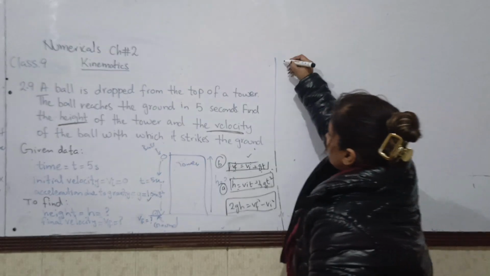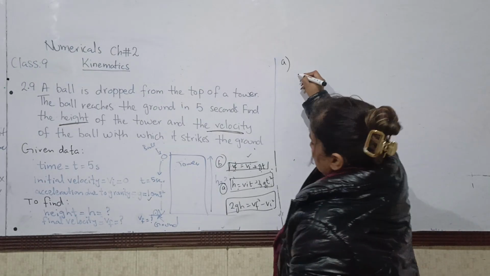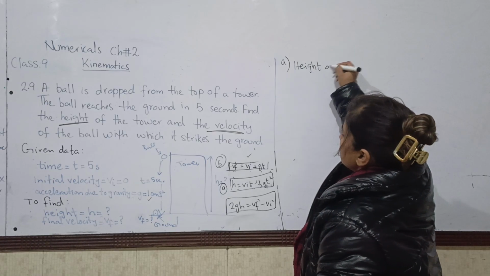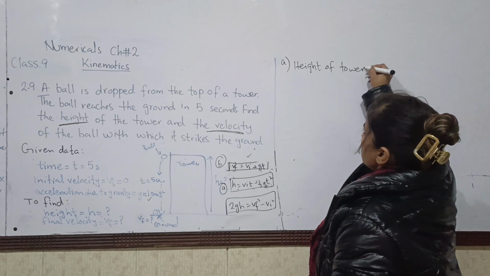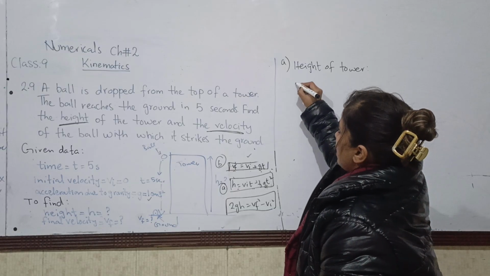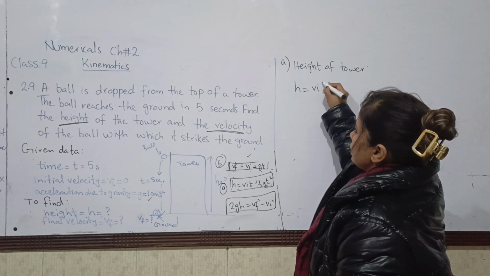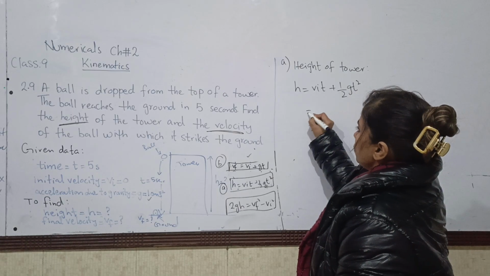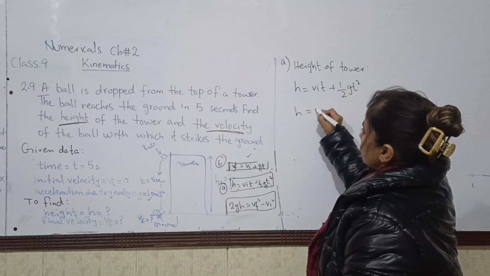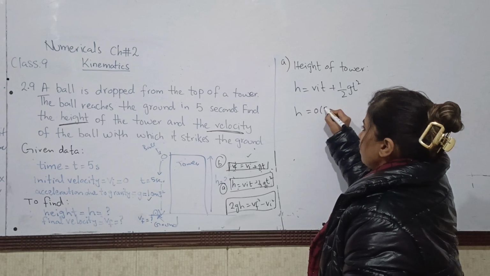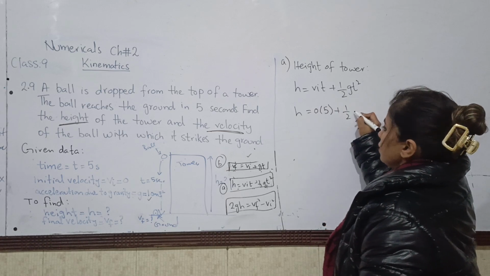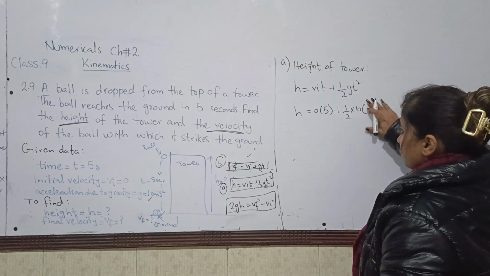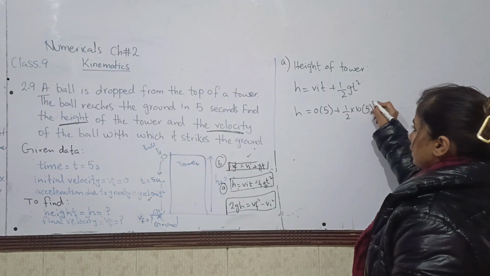Now for the first part, that is the height of the tower, h is equal to vit plus half gt square. Put the values. Initial velocity is 0, time is 5 seconds, g value is 10, and time is 5 square.